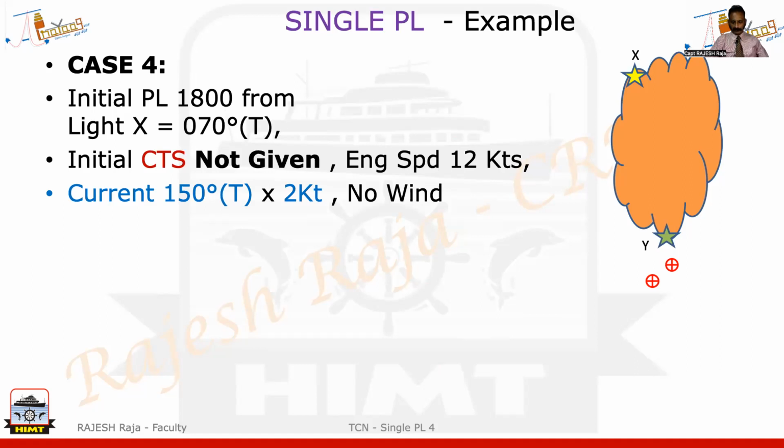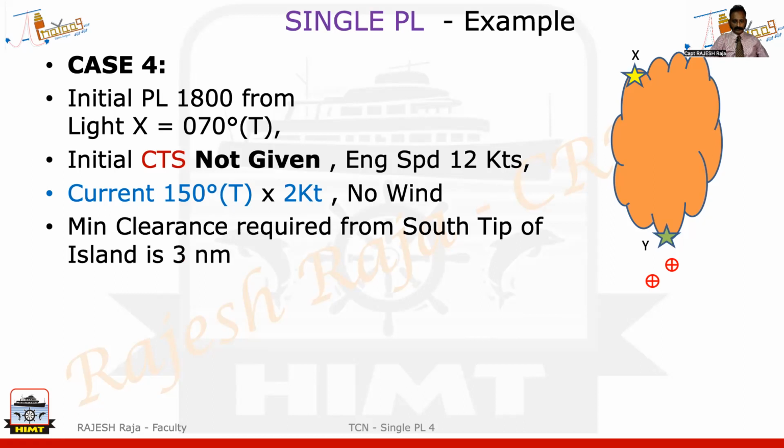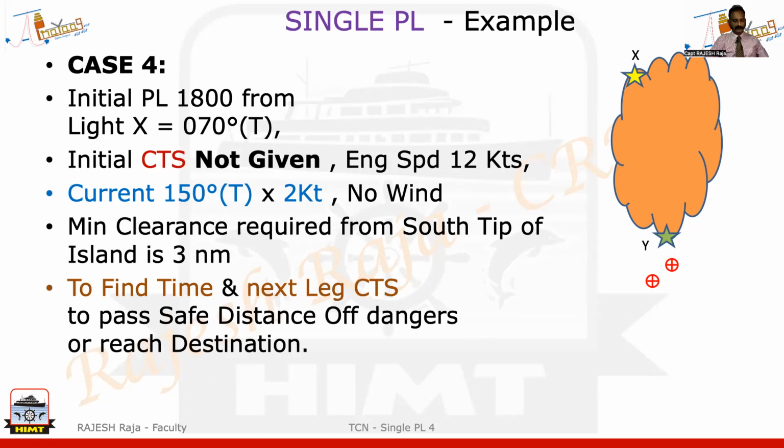So now I've actually merged case 2 and case 3 partially. Same minimum clearance from the south tip of the lighthouse Yankee is 3 nautical miles. As usual, the aim is to find the time of alteration and the next leg CTS.